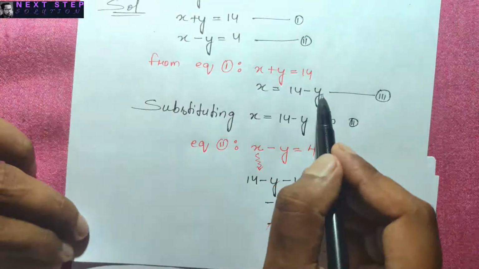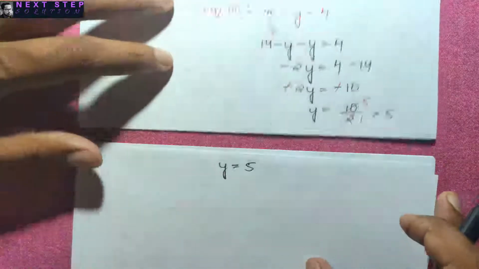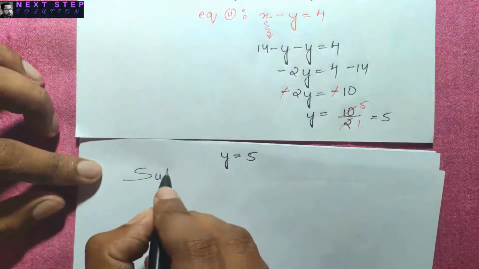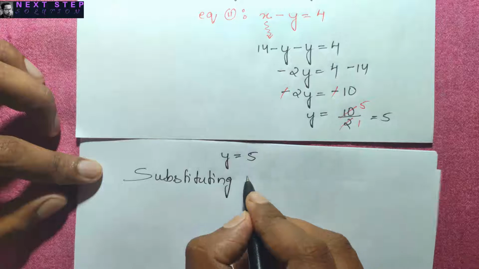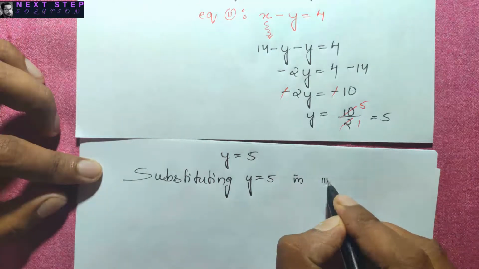In equation 3 we said that x is equal to 14 minus y. So if we know what is y, we can also find out what will be x. So substituting y equals 5 in equation 3.